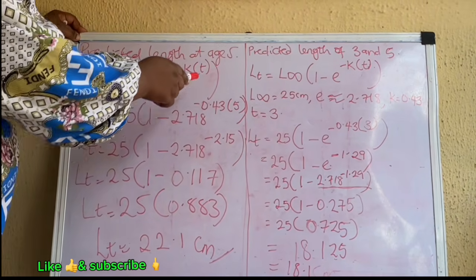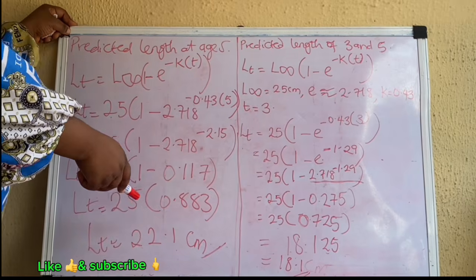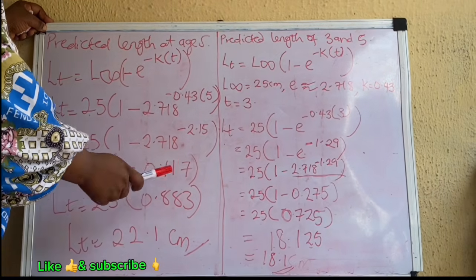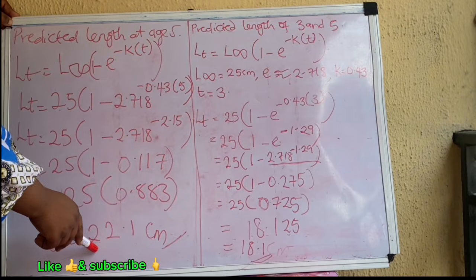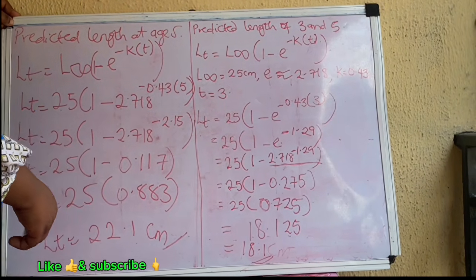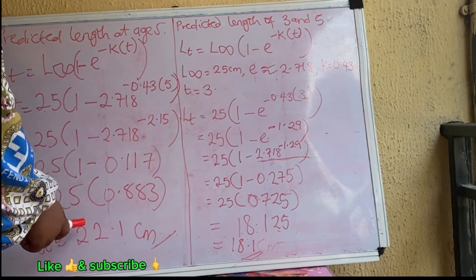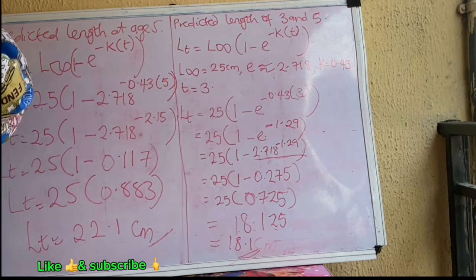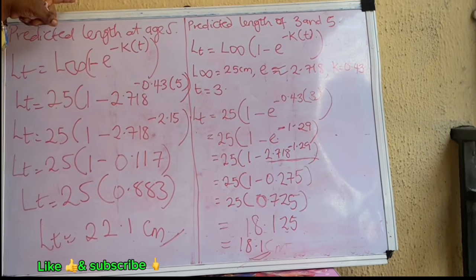If you check at age 5, you see that it is 22.1. Most of the fishes within this data set obtain their maximum length at age 5. Now the stock appears to be dominated by matured fishes at this age 5.